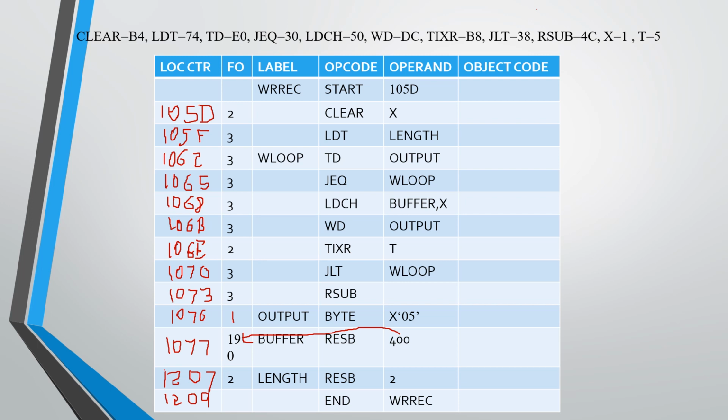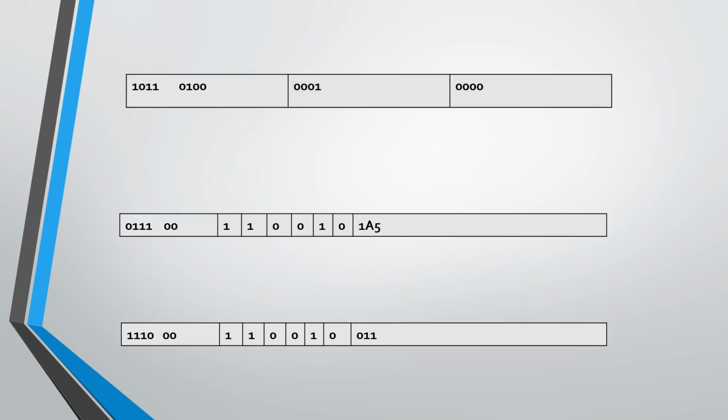So we have to find the object code for this now. X is a register, which is of format 2. So we have drawn this table for format 2. This is the object code which has 8 bits, and these are registers, each of 4 bits.